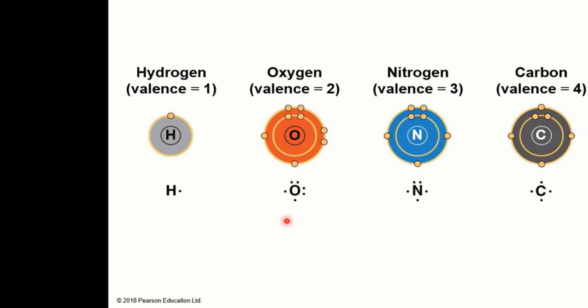So here is just an illustration of an example where we talk about hydrogen, oxygen, nitrogen, and carbon, where you find that the valence of hydrogen is one valence electron.